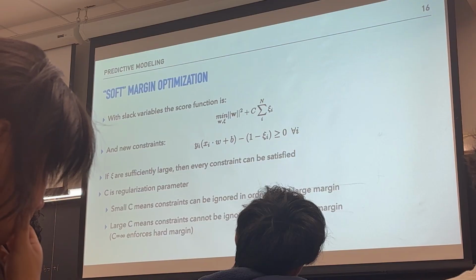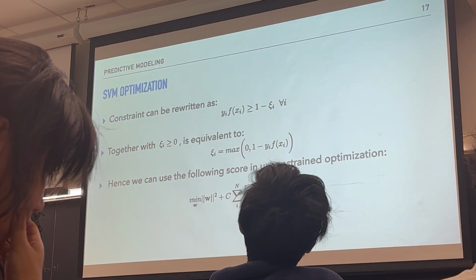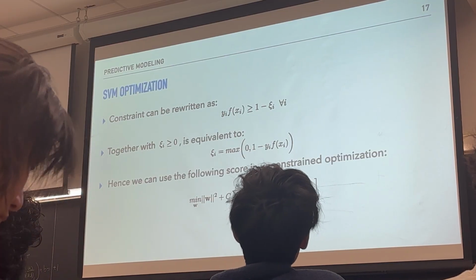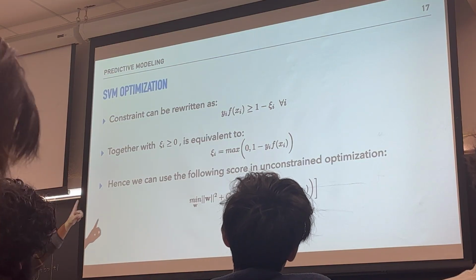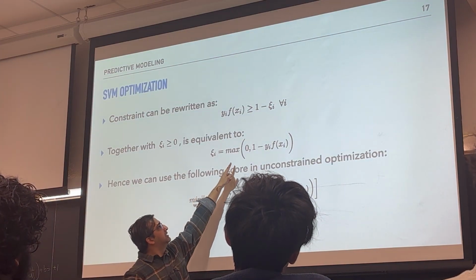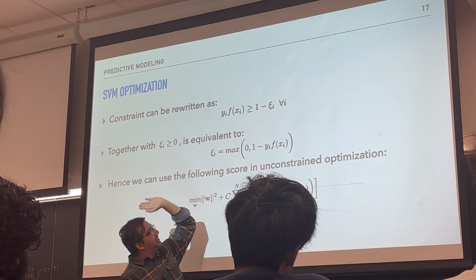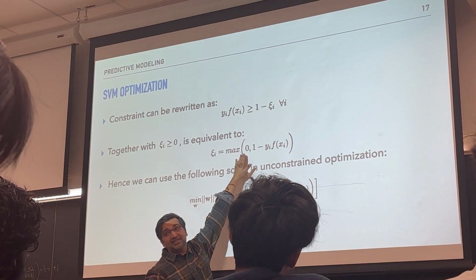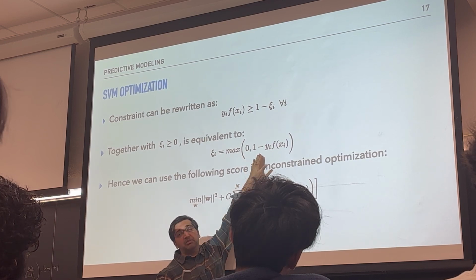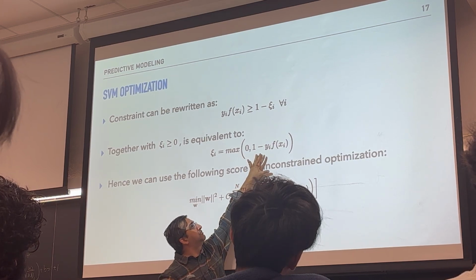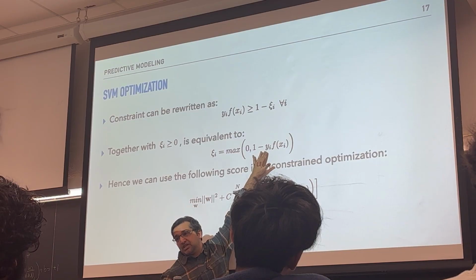So correspondingly, this is overall the same thing. You can write the slack like this. If it is correctly classified, there is no slack, because the misclassification term is already negative. On the other hand, if it is not being correctly classified, the slack will look like this. This is the misclassification error.